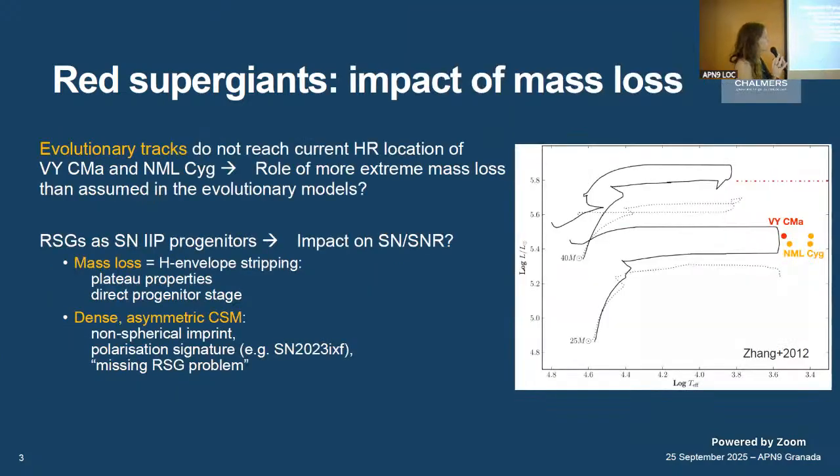But so, just like for the AGB stars, we're of course interested in how the mass loss will actually affect the evolution of the star itself, as long as it's still a star.